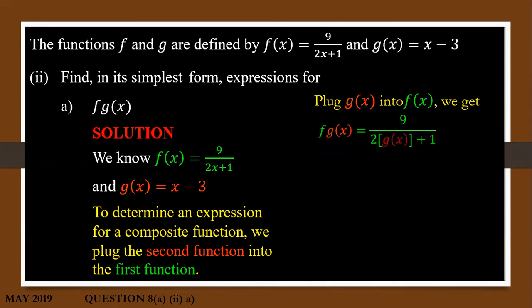Now we have the function fg(x) is 9 all divided by 2g(x) + 1. Please note that here we are substituting g(x) with x - 3, which gives me 9 all divided by 2(x - 3) + 1.